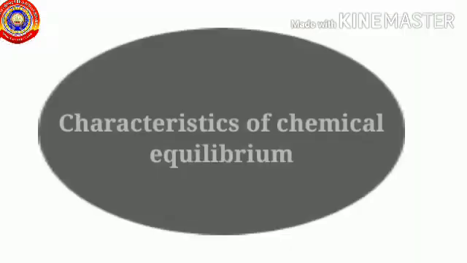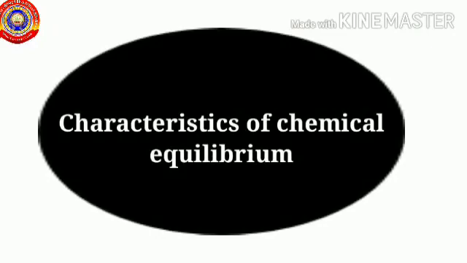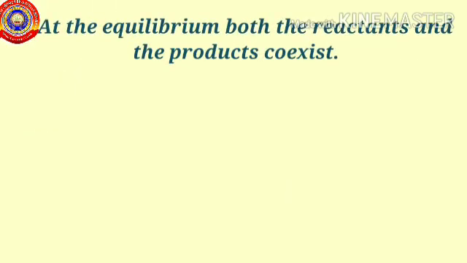Now let's analyze some of the characteristics of chemical equilibrium. Number 1. At equilibrium, both the reactants and products coexist. You know that in a reversible reaction, both the forward and backward reactions take place. That is, the reactant reacts to give products and the product gives back the reactants.